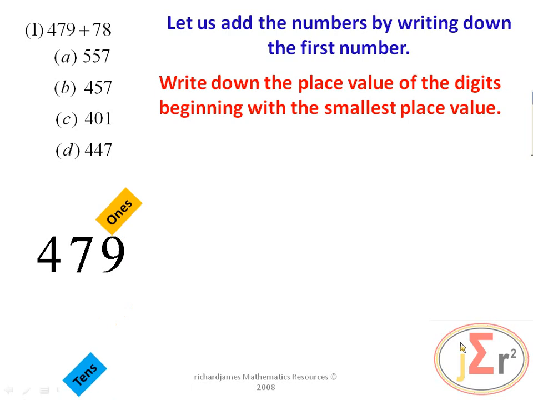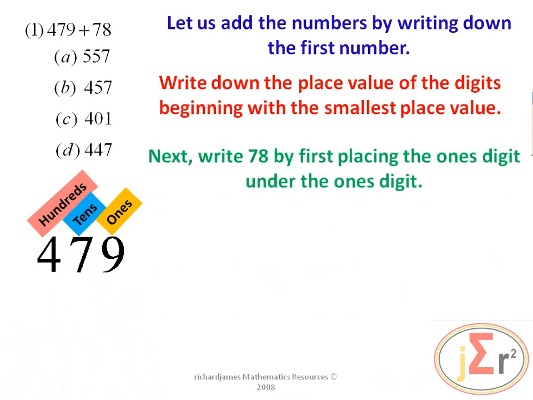So let us write down the place values, beginning with the 1 to the right, and that's your ones digit, then your tens digit, followed by your hundreds digit. Next, we will write down 78, but we cannot just throw in 78 from a distance. We will write 78 by first placing the ones digit under the ones digit.